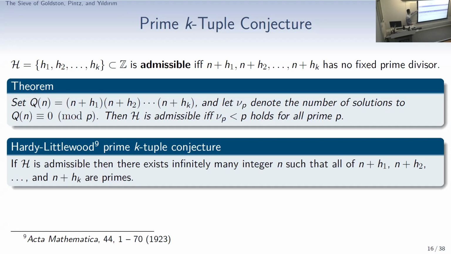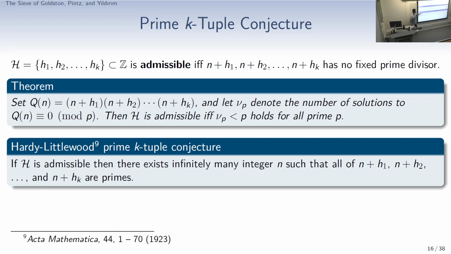We can also present this admissibility condition more formally. Suppose we have a polynomial defined by n plus h1 multiplied up to n plus hk. For a congruence equation modulo P, if this polynomial has P roots, then it's not going to be admissible, because this means that the prime P will be a fixed prime divisor of this polynomial.